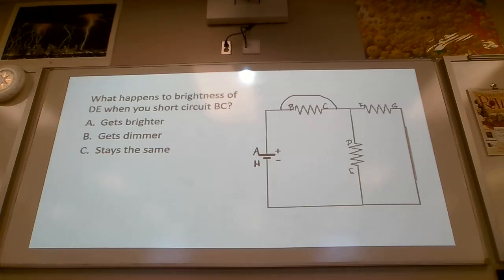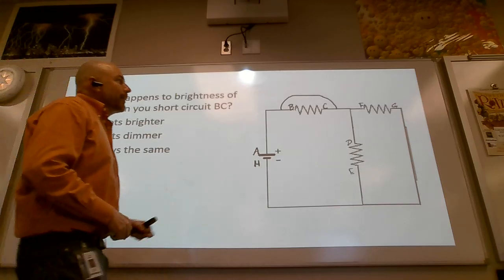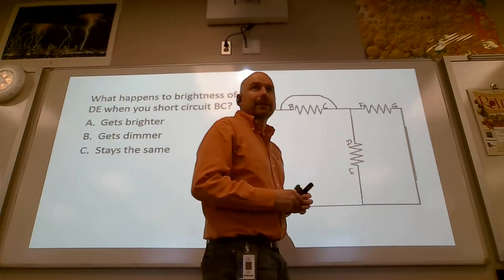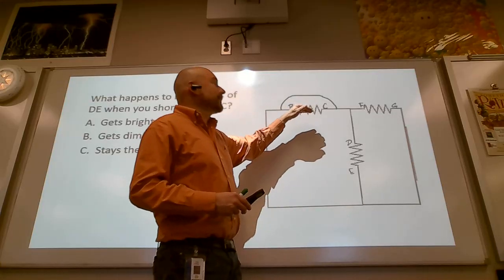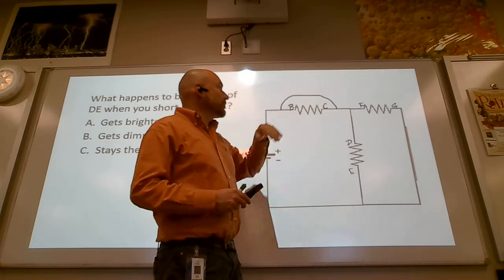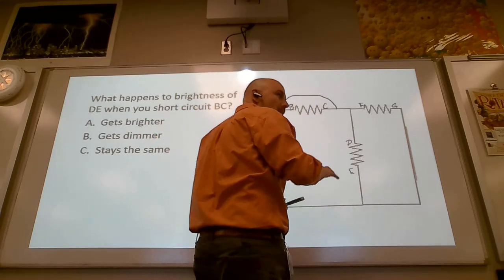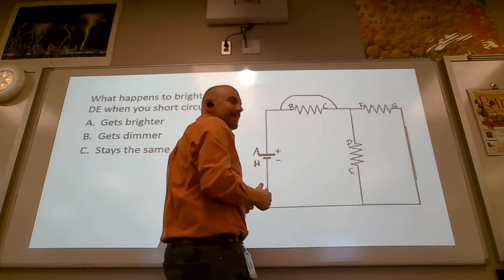Correct answer is A. It gets brighter. Okay. BC is in series with FG and DE. If I get rid of this, that's going to decrease the total resistance, because this is in series.